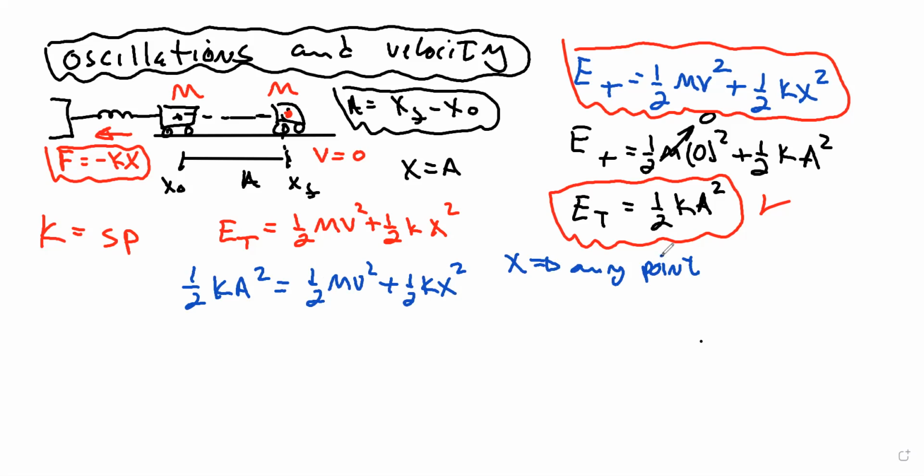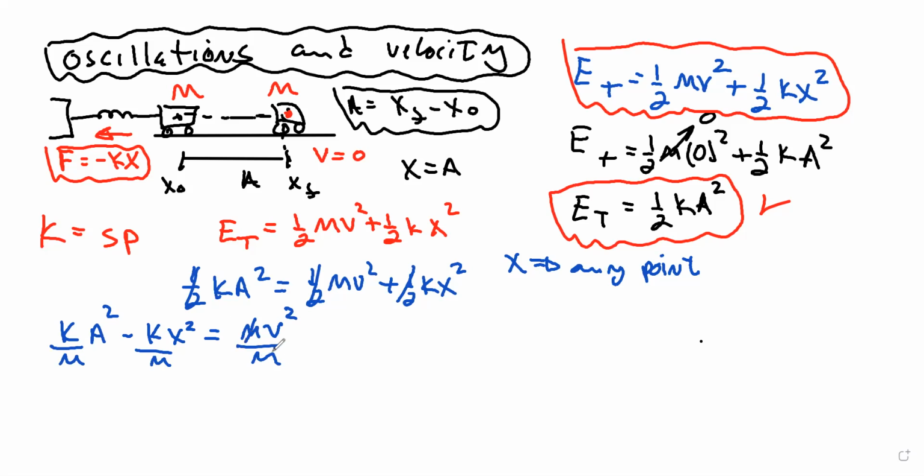So we can get rid of the 1/2. So we have kA squared minus kx squared is equal to m times velocity squared. And then we can divide by the mass, everybody. We divide by the mass.